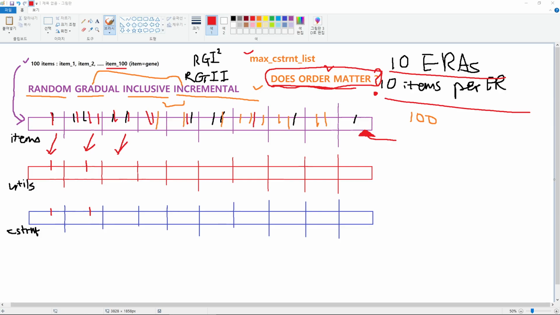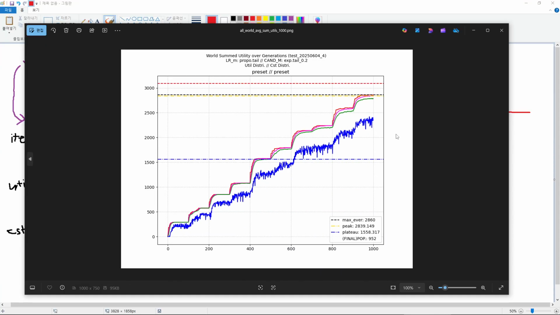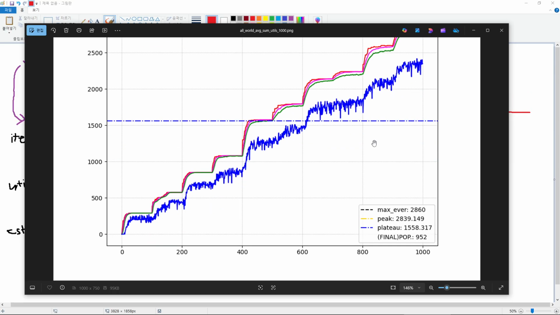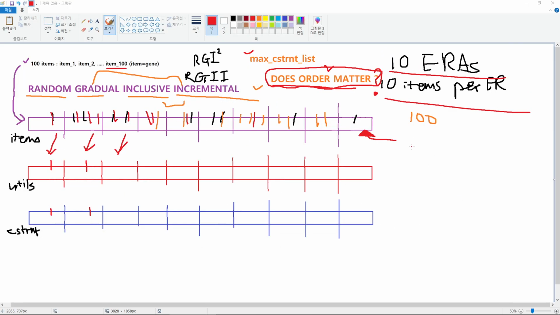So I tried again, just to see if it was out of bad luck. Yeah, it turns out it was, kind of. But now it's 2860.